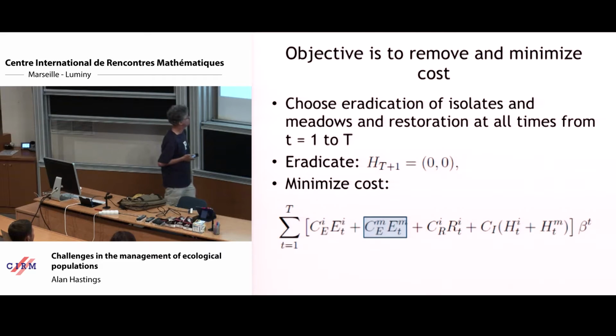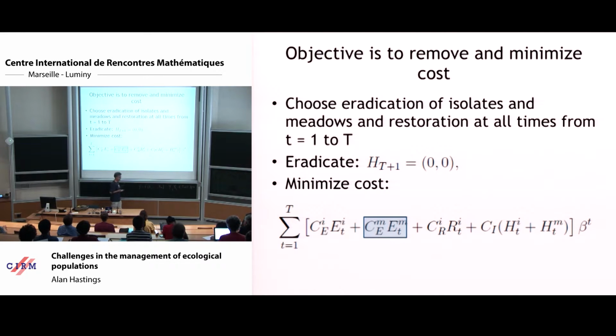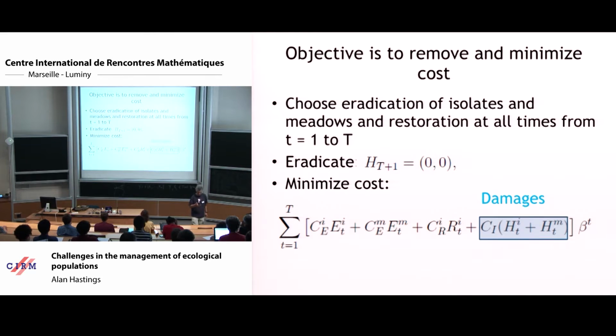This is a unit cost of removal of the meadows. We have a unit cost of planting of new isolate natives. And then, very importantly, we have to have a cost of damages, because otherwise, the cheapest thing to do, clearly, would be to do nothing.